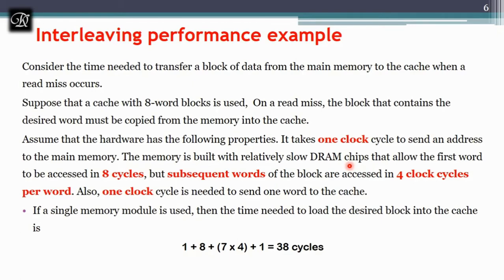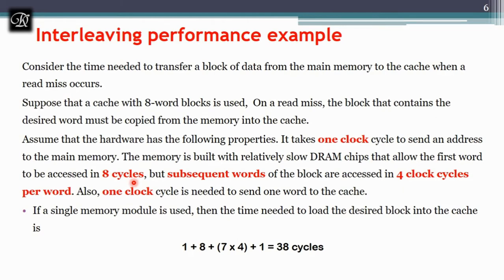That allows the first word to be accessed in 8 cycles. Because we have an 8 word block, it takes an 8 cycle delay to access the first word, but the remaining subsequent words are accessed at 4 clock cycles per word.